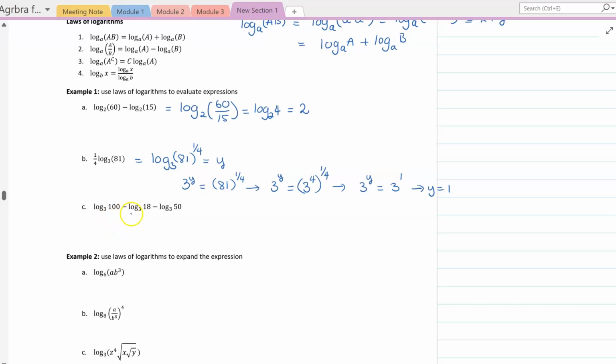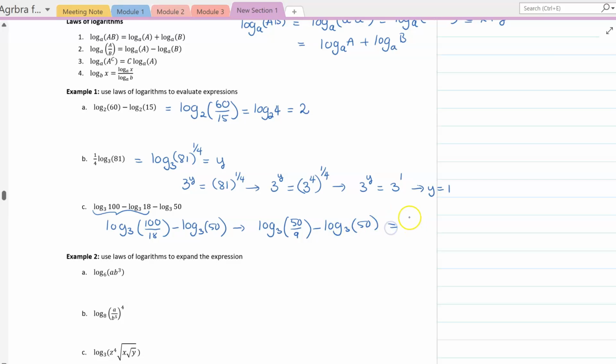The next one, we need to rewrite this a little more in one term. So start with the first two. This is log base 3 of 100 divided by 18 minus log base 3 of 50. Let's simplify this first. Log base 3 of 50 over 9 minus log base 3 of 50.